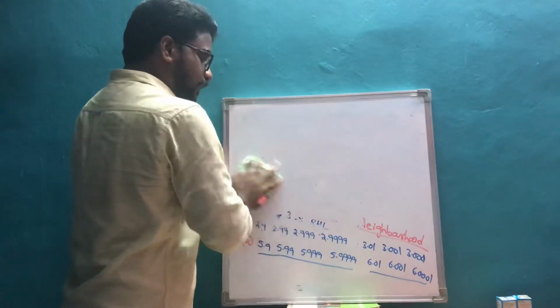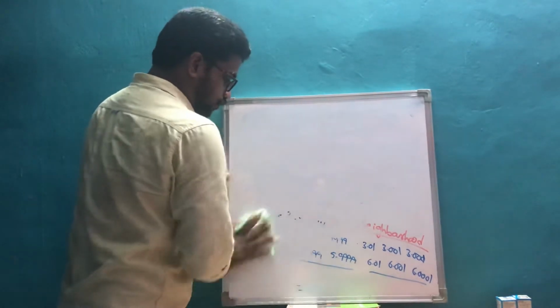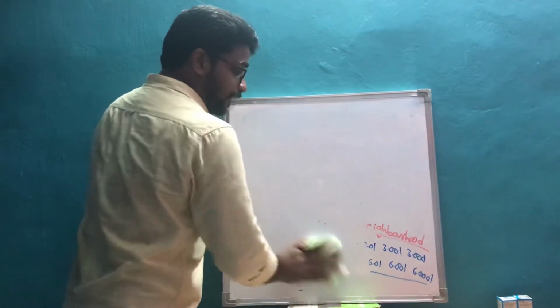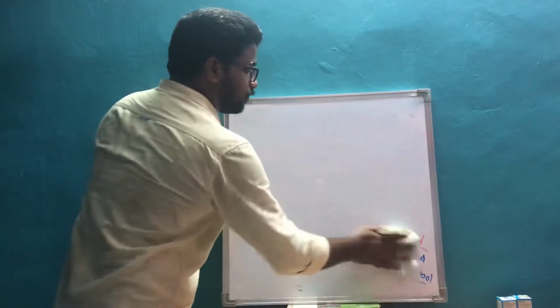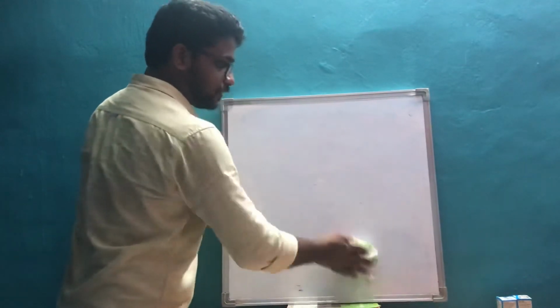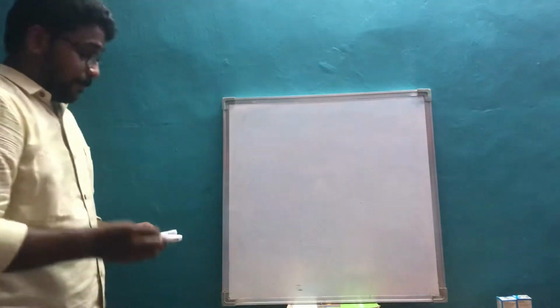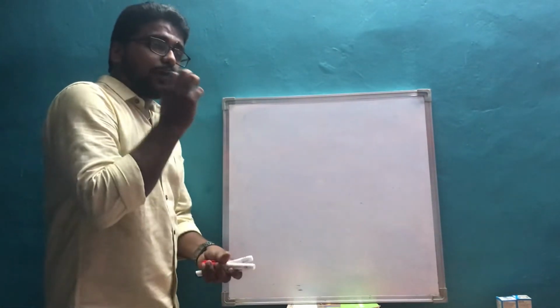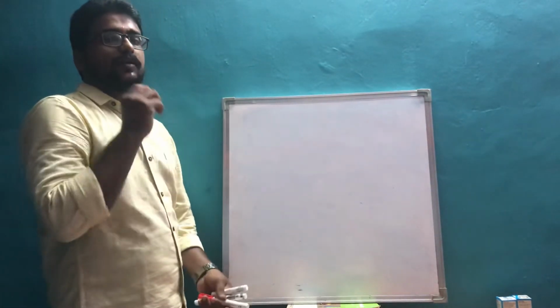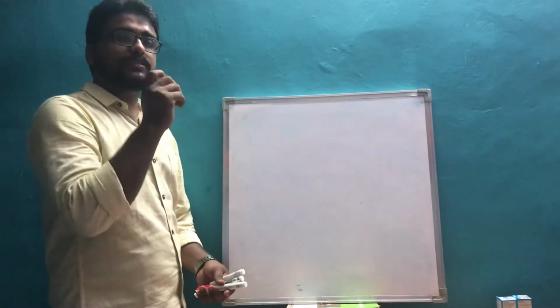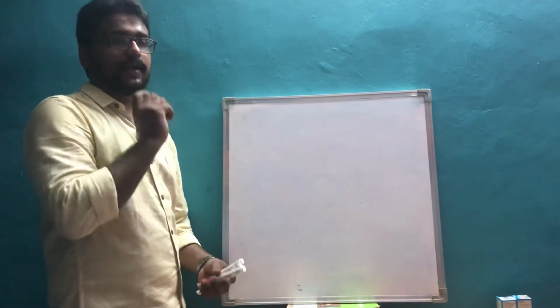The first thing in all these questions is to identify at what point the function is defined. And the second thing you should do is find what is the LHL of that function and what is the RHL of that function. These are the 2 points that we have to identify.